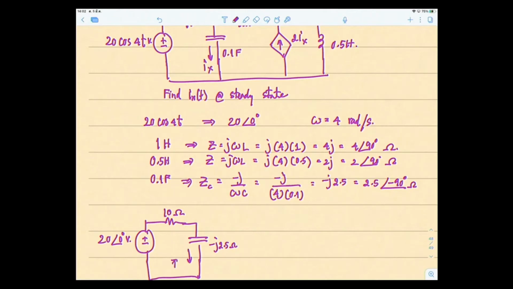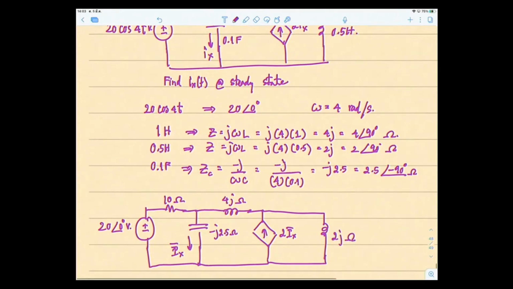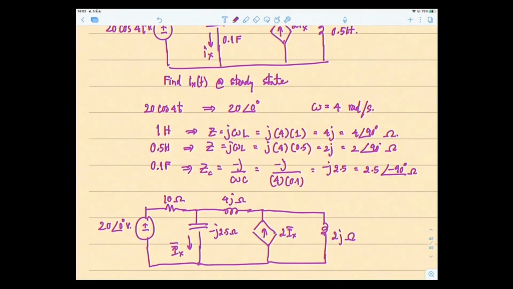This is Ix in phasor form. This is 4J ohms. Current source dependent, this is a current controlled current source, and 2J ohms. And we want to find Ix at this point.